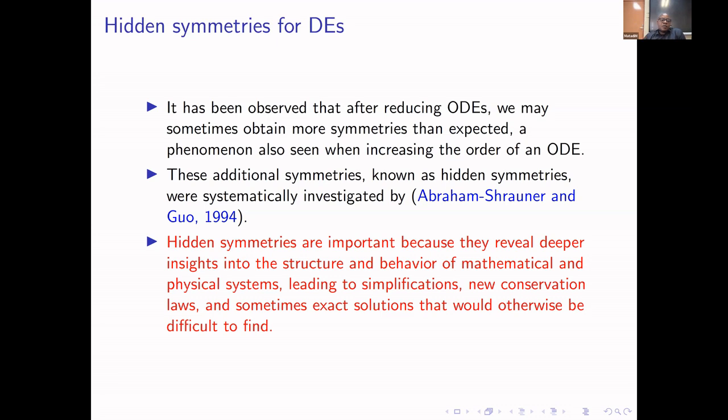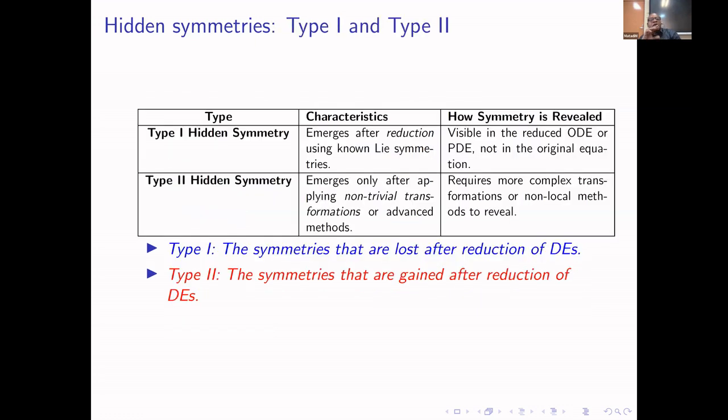In 1994. They are actually important because they reveal deeper insight into the structure and the behavior of mathematical and physical systems. It also leads to simplification. As I said, here we are dealing with a nonlinear system, which is much more complex to analyze. And then we have type 1 and type 2 hidden symmetry.